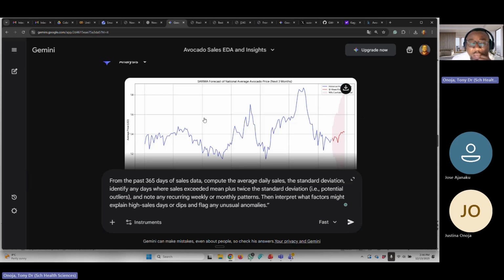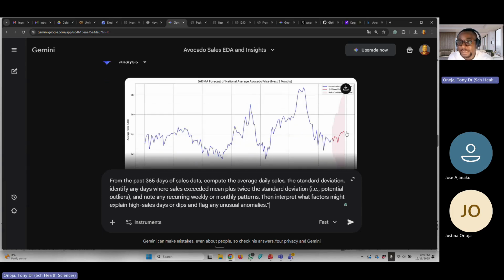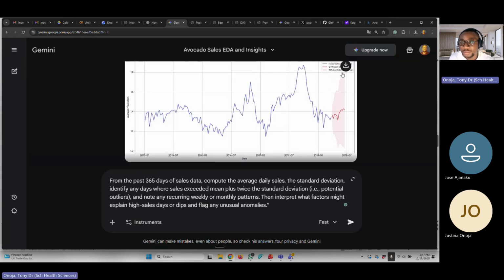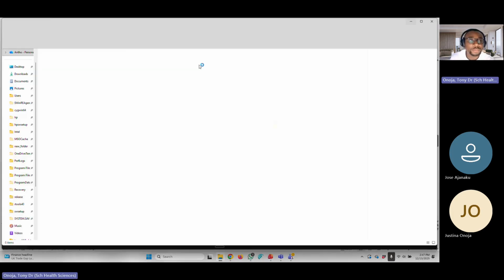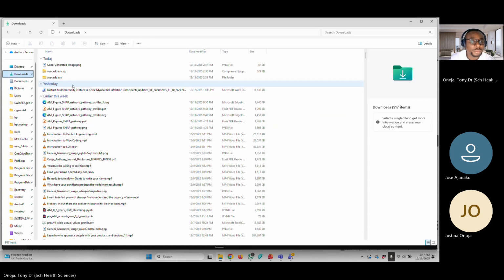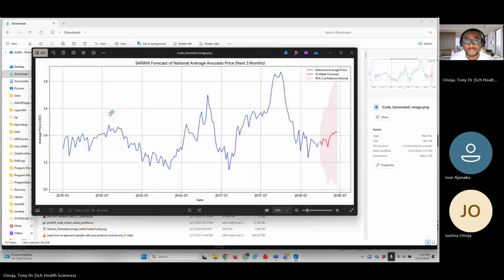Okay, so we have seen, good. So now we have seen this is the forecast that it made. Okay, let me just download this. So this is the forecast that it's making.